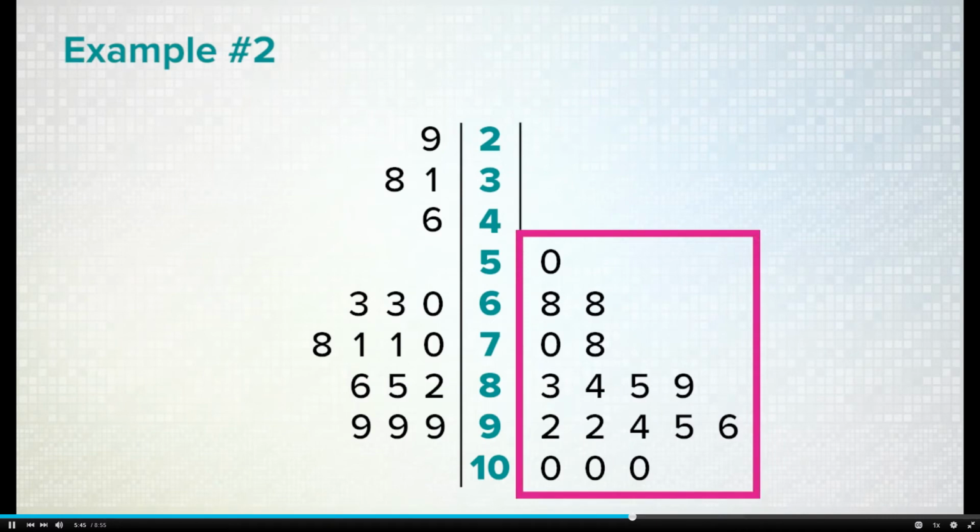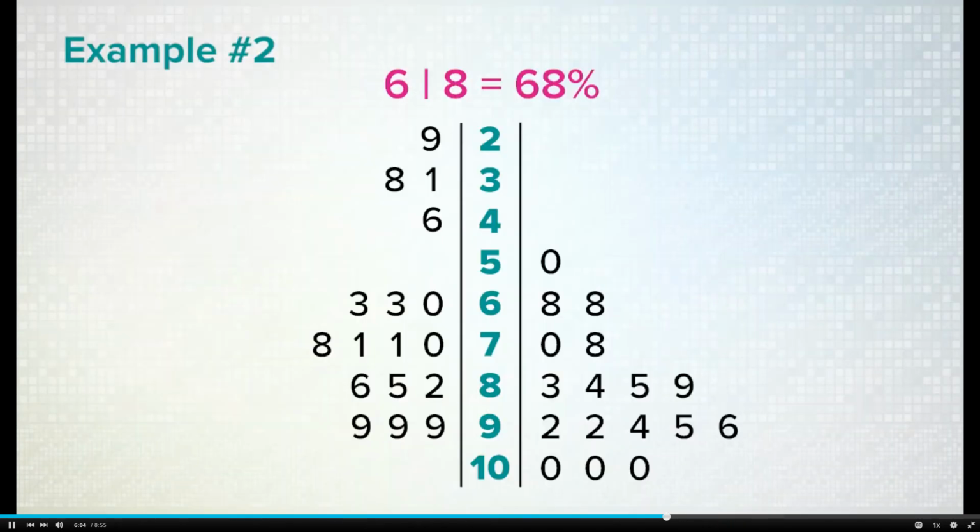You have the stems in the middle from 2 to 9, and then you have one set of data on one side of the stems and the other set of data on the other side of the stems. Again, don't forget your key. And then this is actually the most important part: label the data.